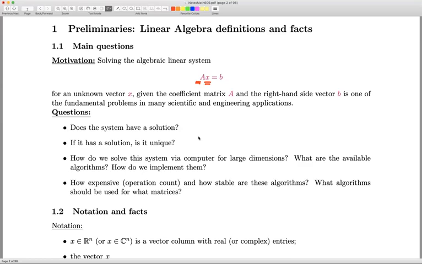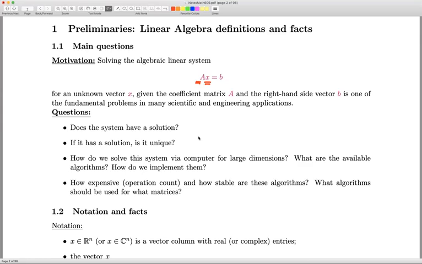And then the question is, is the method that we're using going to be stable, and will we actually end up with a solution to our problem that is close to the solution that we're after, or will we end up with something that would not make sense?